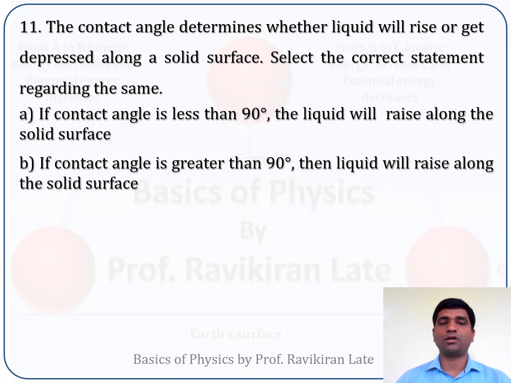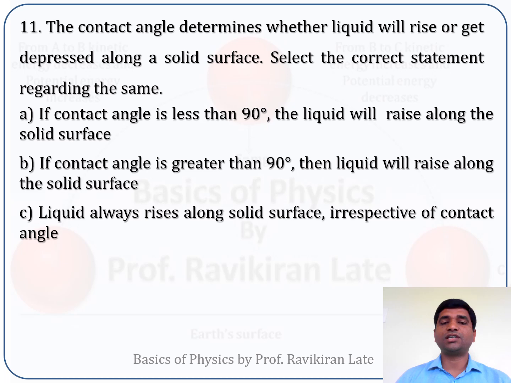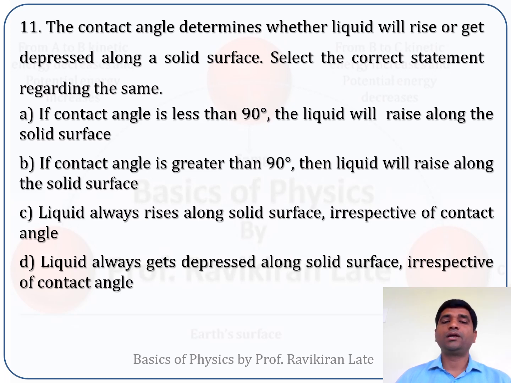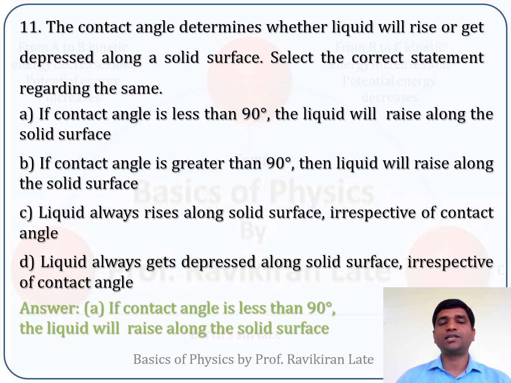So option B is not correct. Option C, liquid always rises along the solid surface irrespective of the angle of contact, is also not correct. And option D, liquid always gets depressed along the solid surface irrespective of contact angle, is also not true. So the most appropriate option in this case is option number A. If the angle of contact is less than 90 degree, the liquid will rise along the solid surface. So the correct option for this MCQ is option number A.